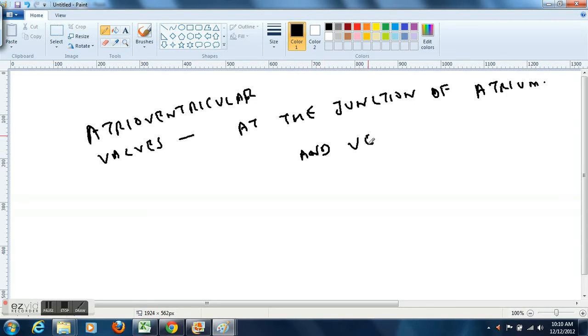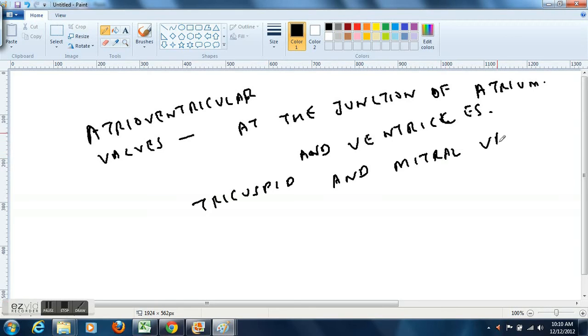They prevent backflow of blood from ventricles to atrium. Through these valves blood flows from atrium to ventricles, and these valves prevent backflow of blood from ventricles to atrium. So tricuspid and mitral valves are called atrioventricular valves.